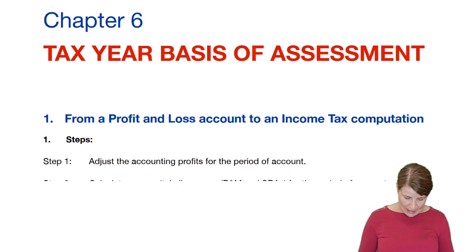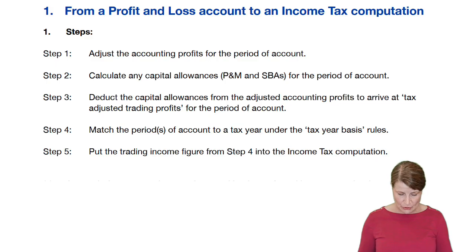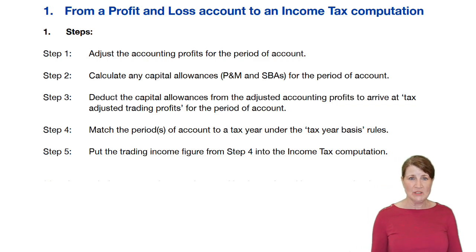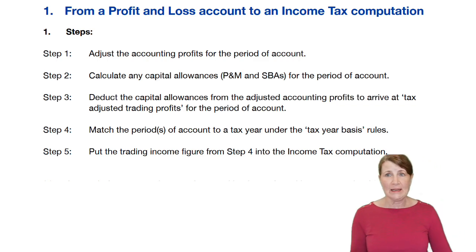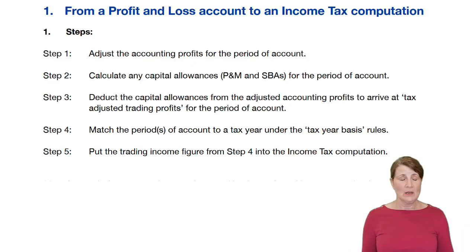Now, just a reminder of our steps, some of which, of course, we've done already. So step 1 is you adjust the accounting profit for a period of account. So whatever period of account you've got, whatever year end you've got, remember you adjust the profit.